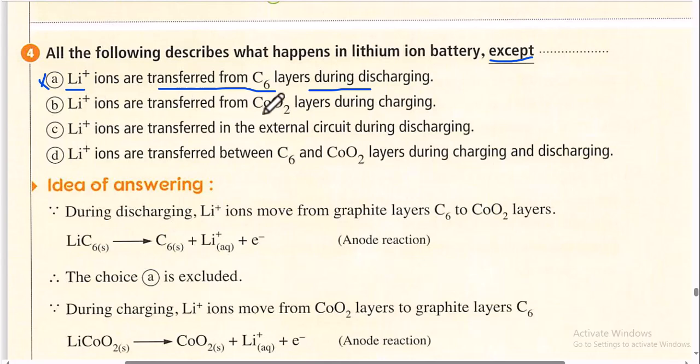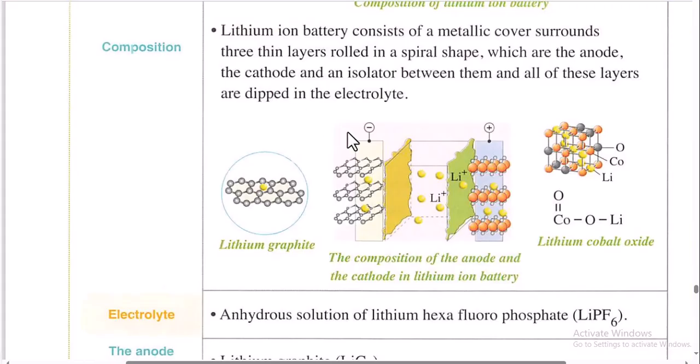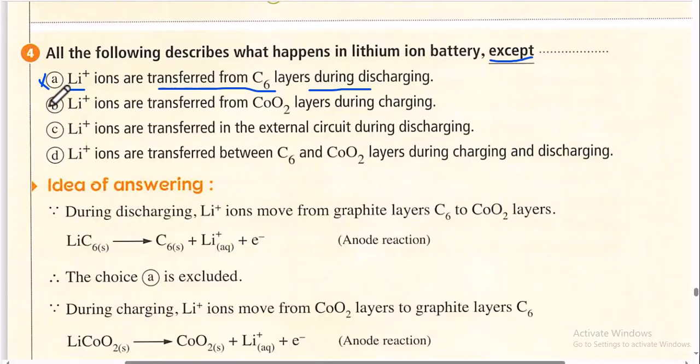Lithium ion is transferred from cobalt dioxide or cobalt 4 oxide layers during charging. Yes, it goes from cobalt 4 oxide during recharging to the graphite layer. So it is correct, so it is excluded from the question. Next, lithium ion is transferred in the external circuit during discharging.